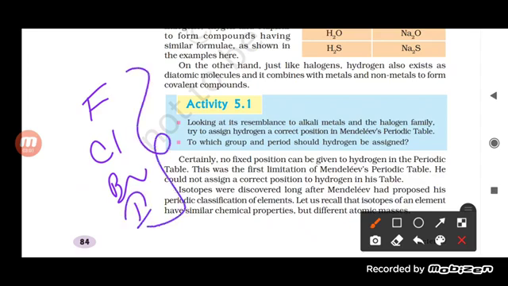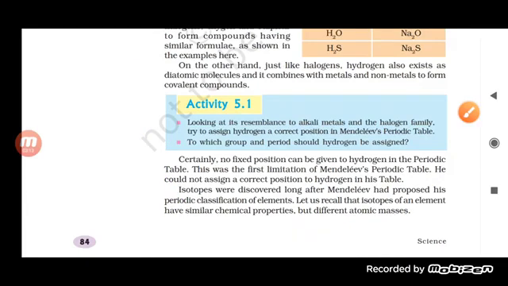These all are halogens. So hydrogen shows the properties of both the alkali metals as well as the halogens. It means it is able to combine with metals as well as with non-metals and forms covalent compounds.